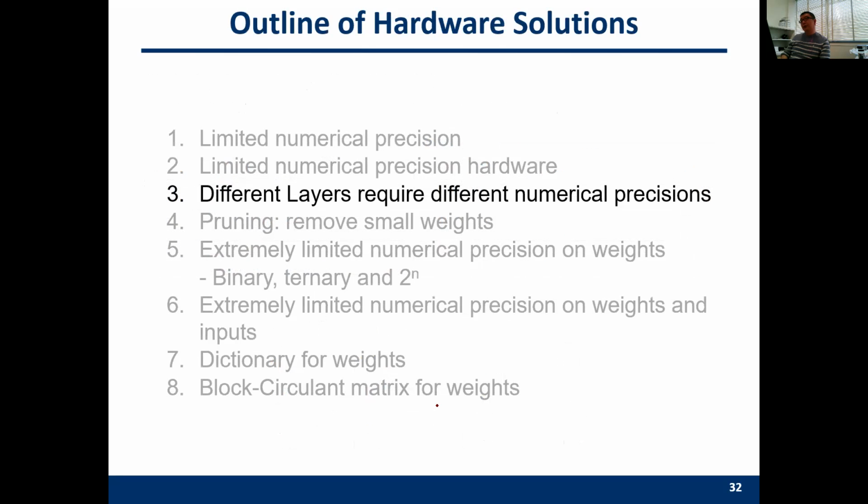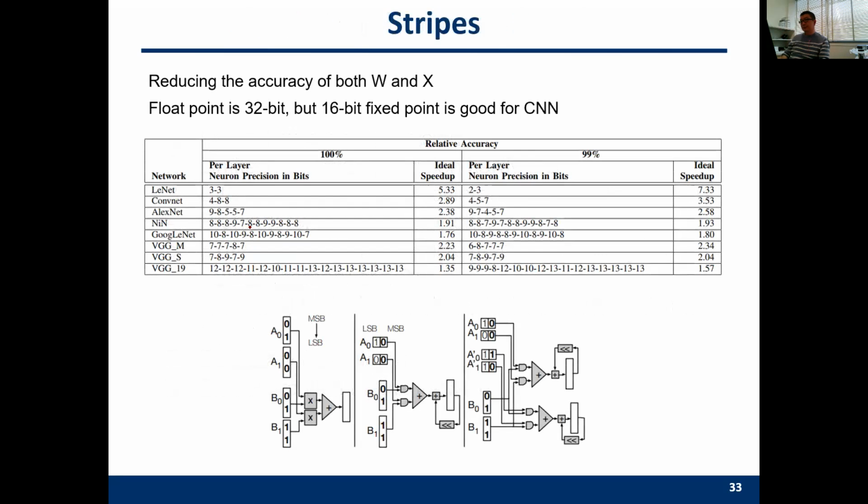And Pierre's work also found out that because now the convolutional neural network has 5 layers, 7 layers, or 8 layers, instead of using maybe 16 bits for all the layers, I can provide a different bit width to each layer. So here is an example for a small network.